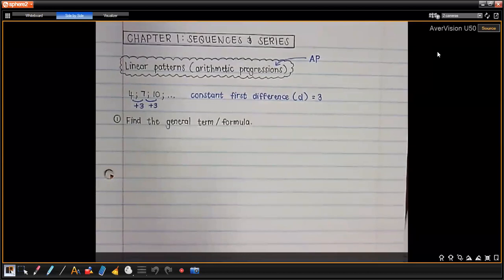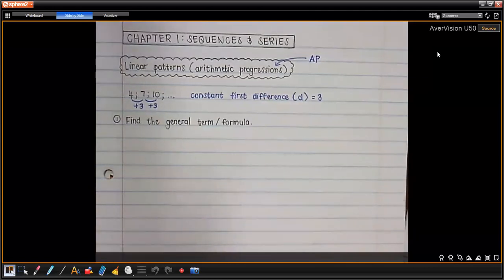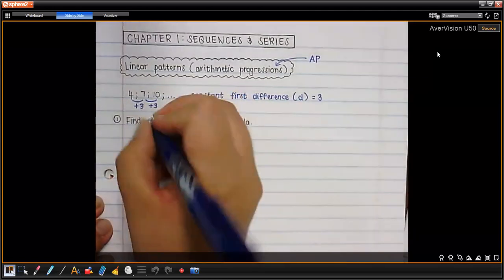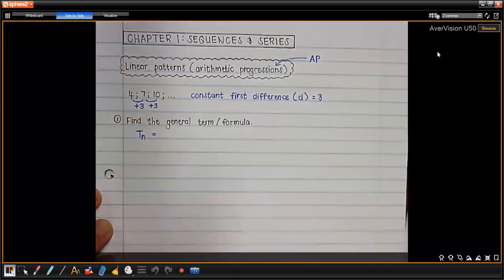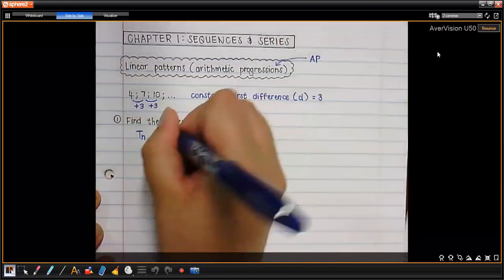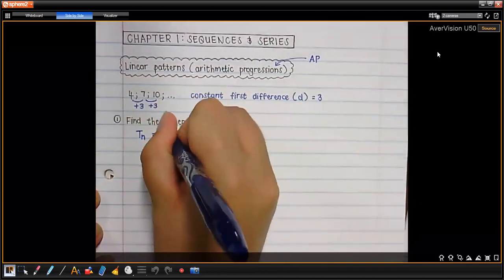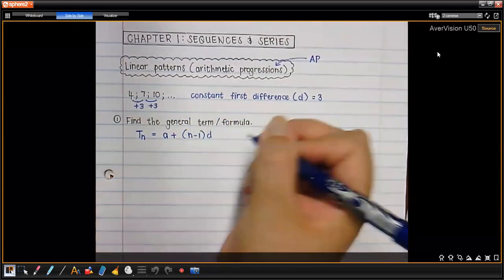Can anyone remember that formula that you learned last year? Yes. All right, so this was the formula, guys. Write this down, please. Tn, the nth term, the general term, is equal to a plus n minus 1 times d.